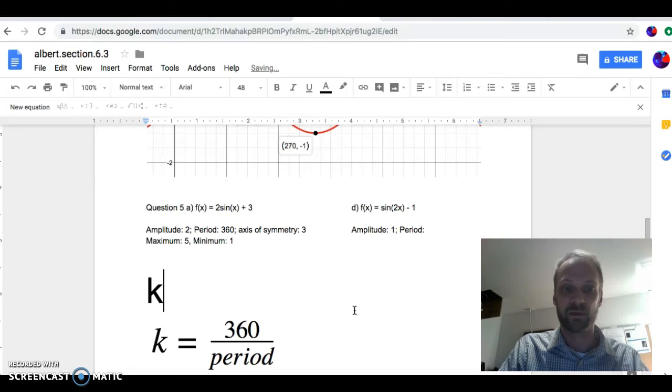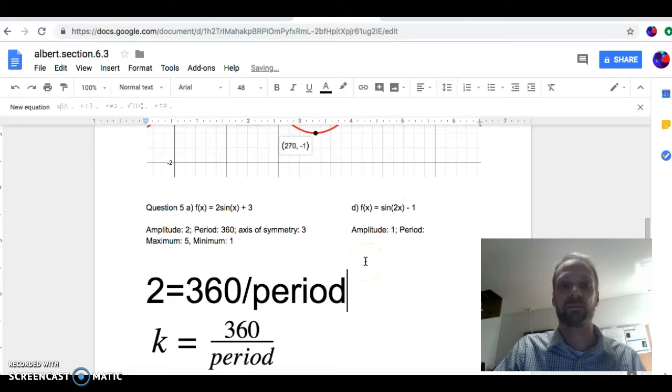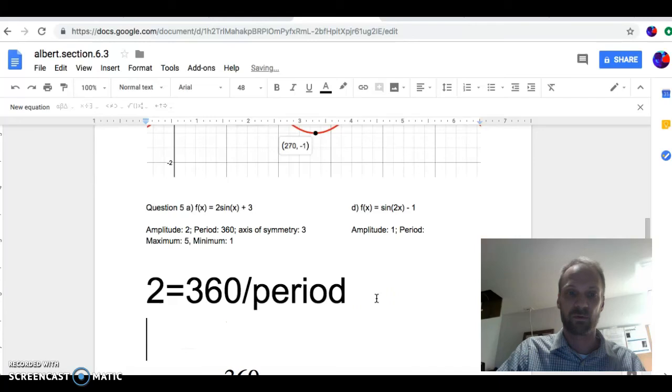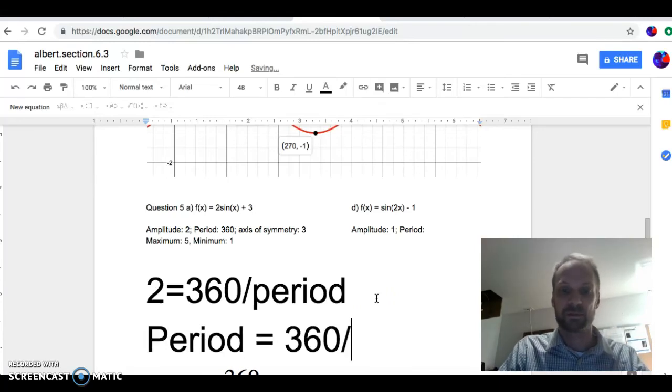So I would say K equals, well, K is 2, because it says so right there, equals 360 divided by period. Now the nice thing is that this can just switch with this, so I can say that period equals 360 divided by 2. They can literally switch spots, and that equals 180.